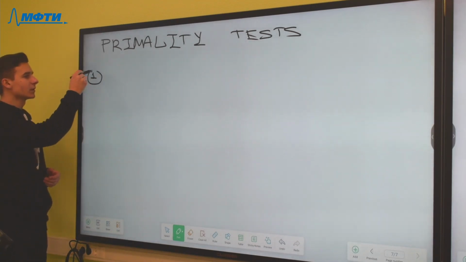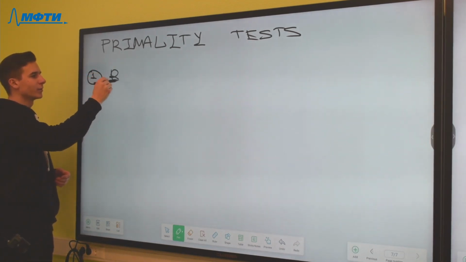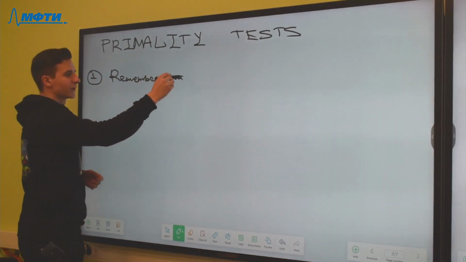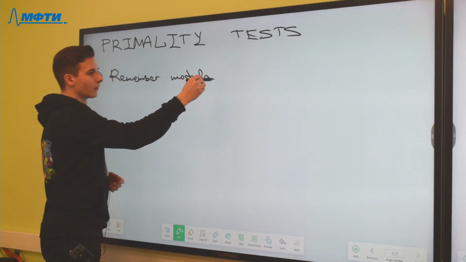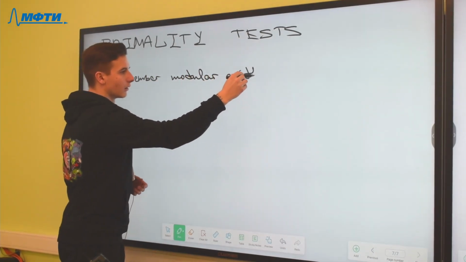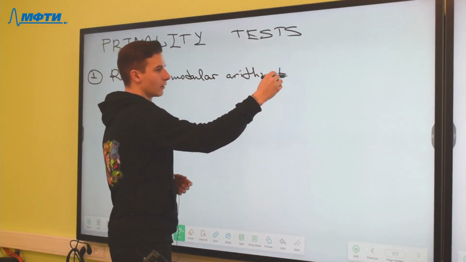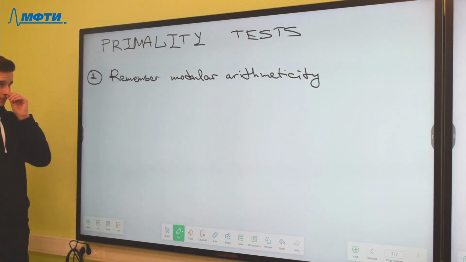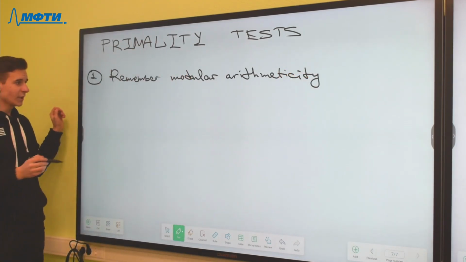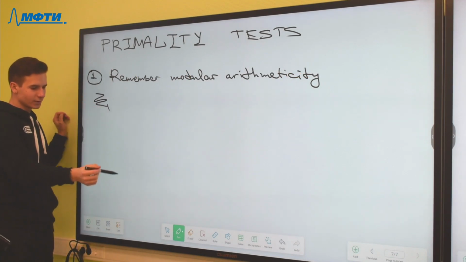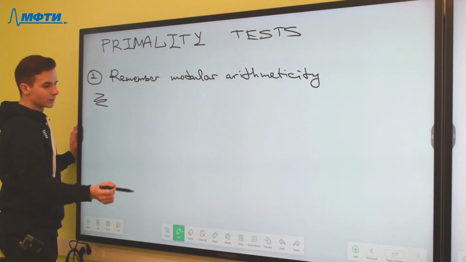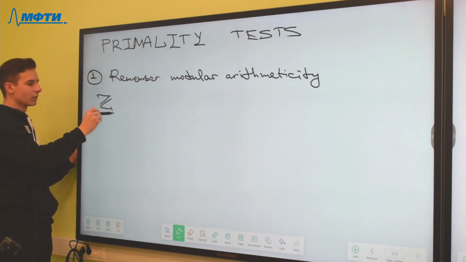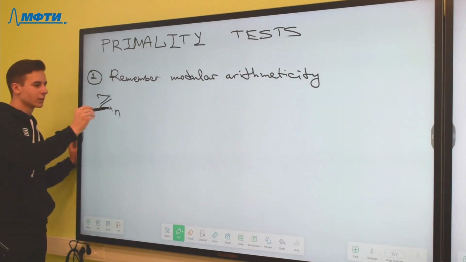So first we remember modular arithmetic. And you remember what a set is.